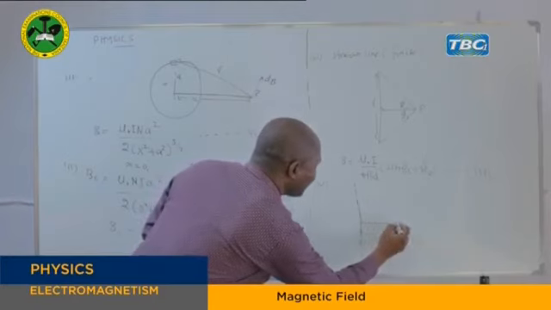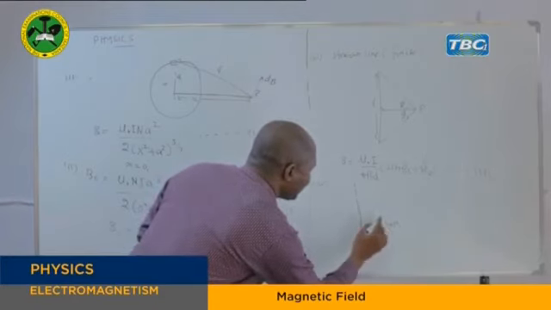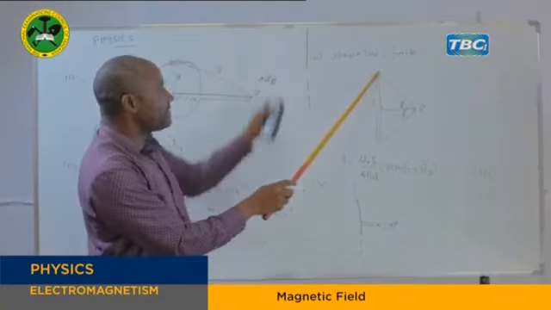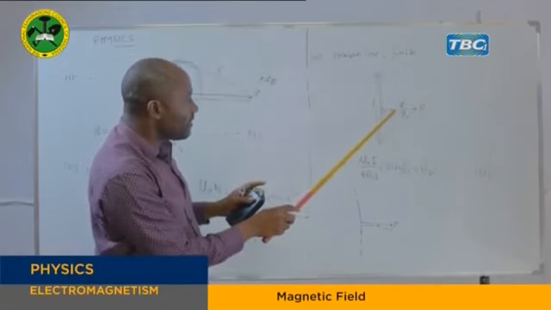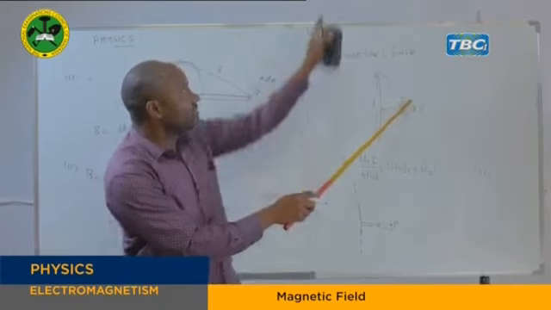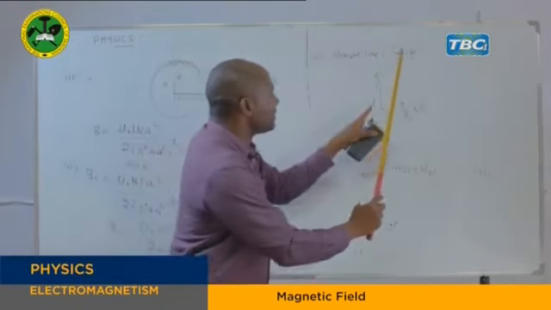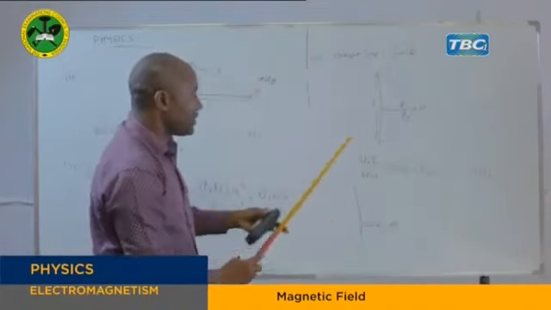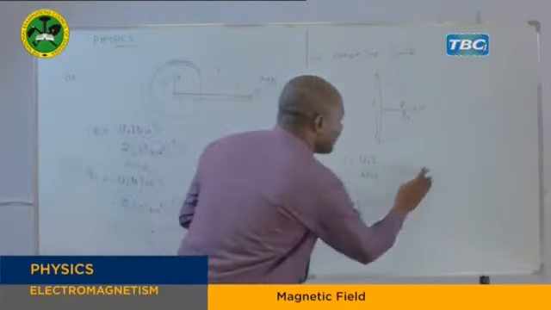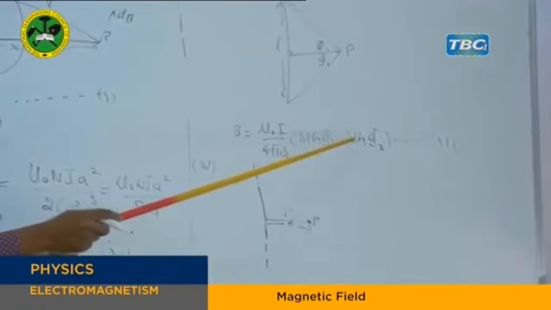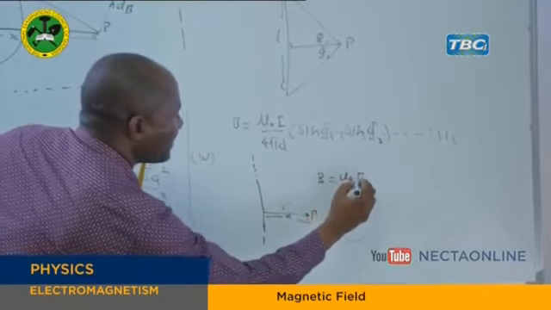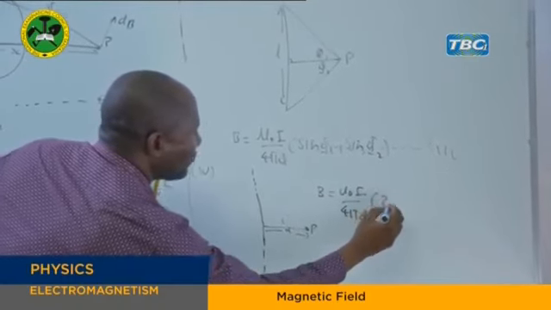P is there, that's our distance D. Now, when this end is at infinity, the angle from the perpendicular line to the far point is supposed to be 90, since the line seems to be parallel. So sine of 90 is 1, and it will be 1 plus 1, which is 2. So the formula changes to B equals mu I over 4 pi D times 2.